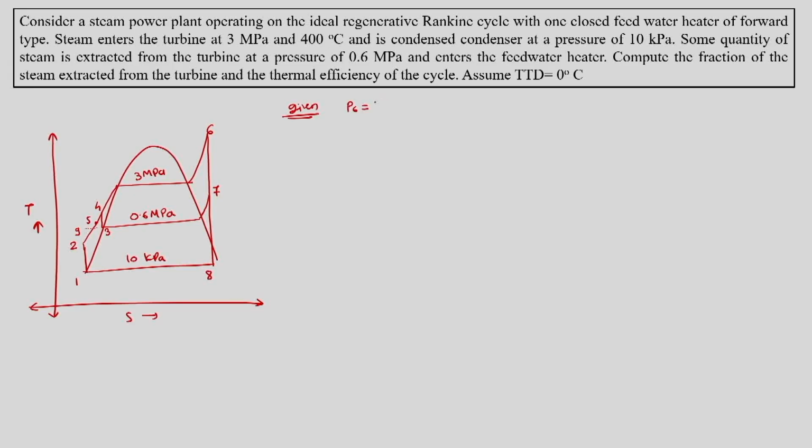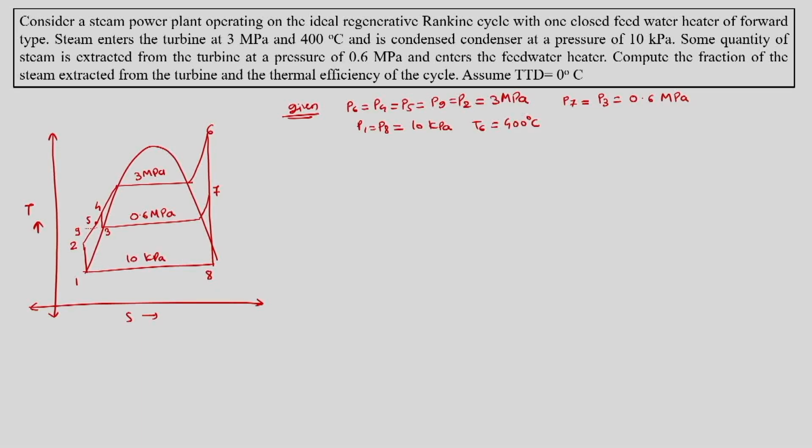So, P6 is equal to P4 is equal to P5 is equal to P9 is equal to P2 is equal to 3 megapascal, and we will have P7 is equal to P3 is equal to 0.6 megapascal, and we have P1 is equal to P8 is equal to 10 kPa. Further, T6 is given as 400 degrees Celsius.